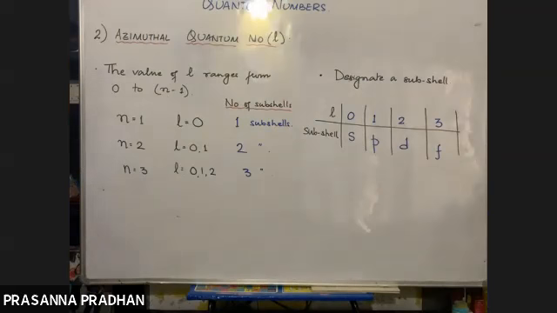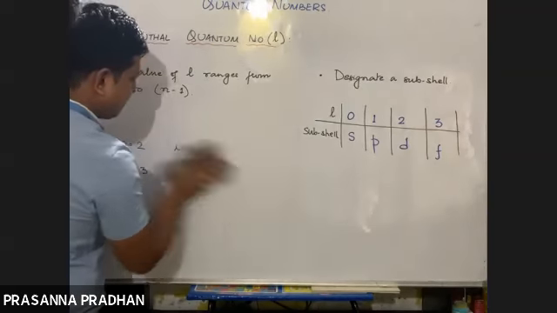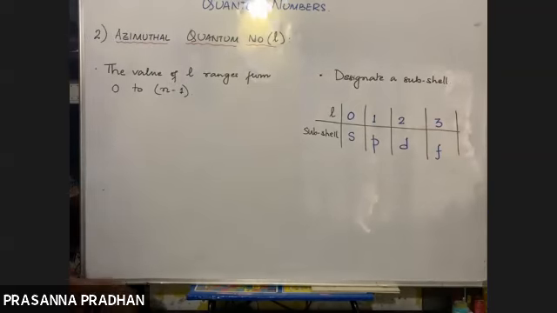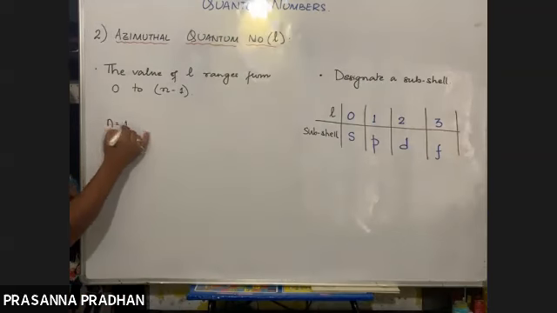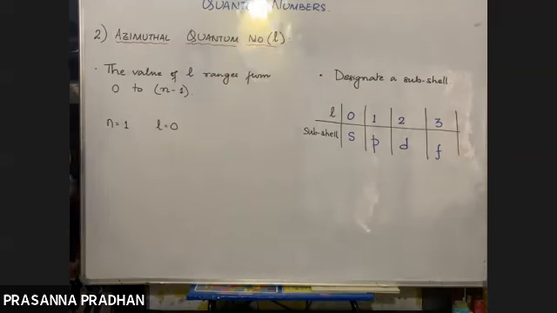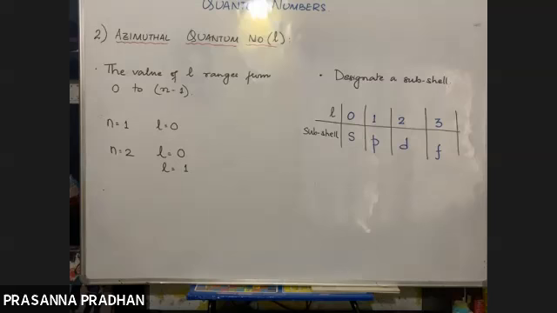Now, let me reconstruct this table so you should not have any doubt here. Now, n equals 1. What is the value of l? 0. n equals 2, what are the values of l? 0 and 1.